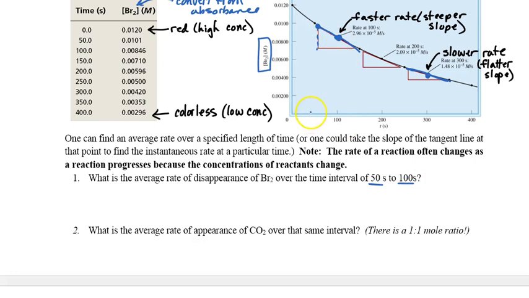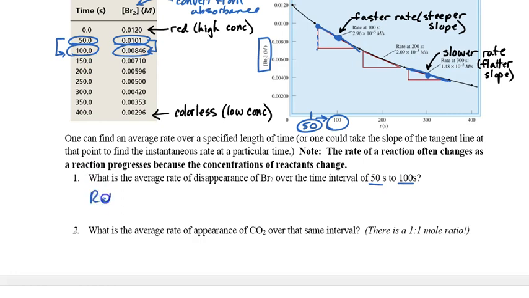Here's 50 seconds on your graph, so we're going from 50 to 100. On your data chart, 50 to 100, we're just going to go from here to here, and the concentrations have obviously changed from there to there. So these are going to be our concentrations and our time interval.